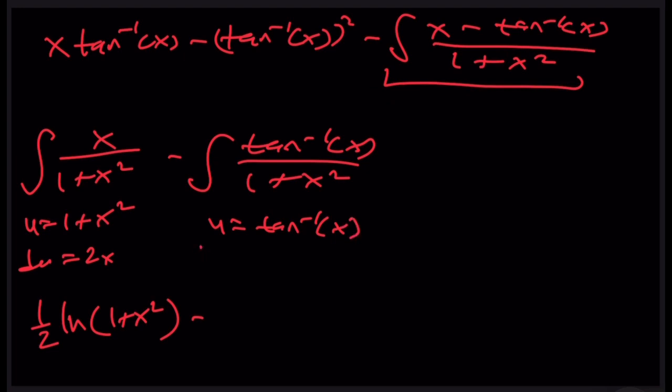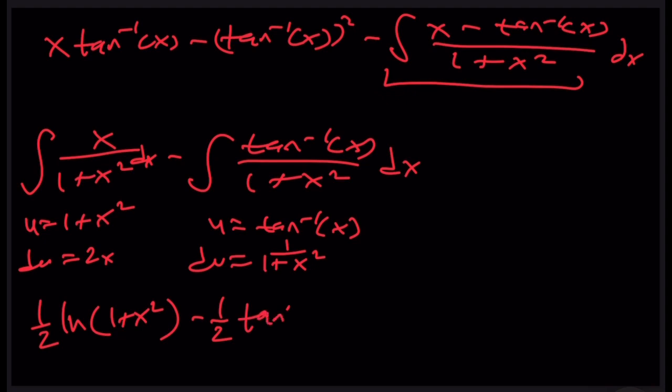So du equals 1 over 1 plus x squared dx. Sorry, these should have dx's. And from there, we can say that this portion equals 1/2 tan inverse x squared.